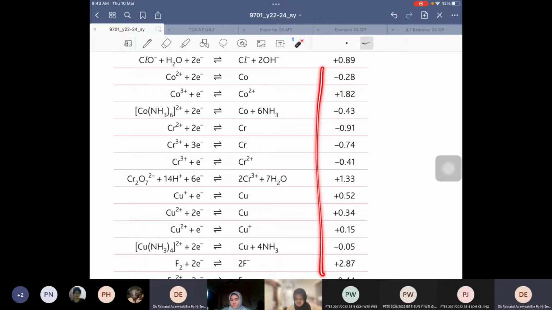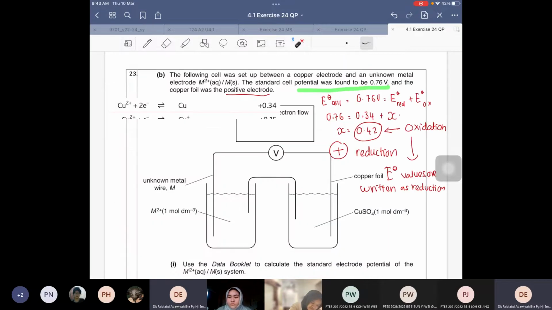All the numbers here represent the forward reaction, which is the reduction reaction. So we have to change the sign so that our E note value is written as reduction.